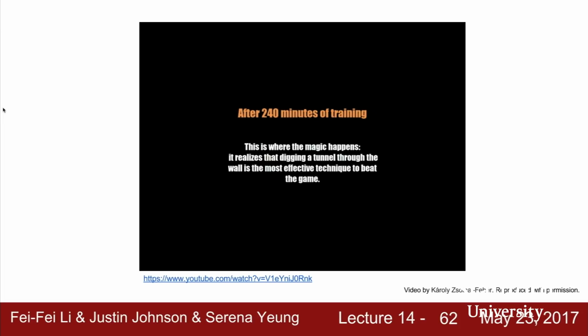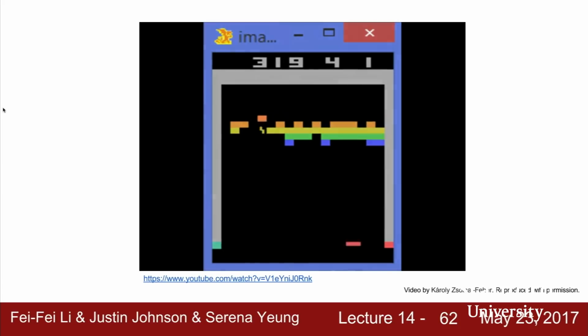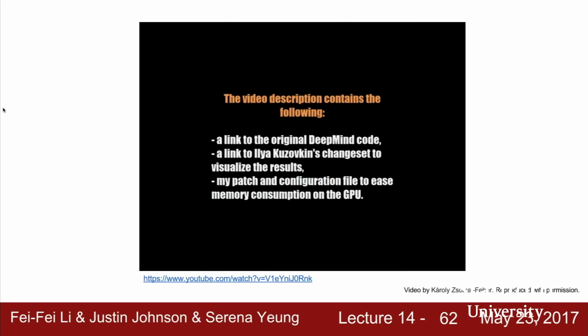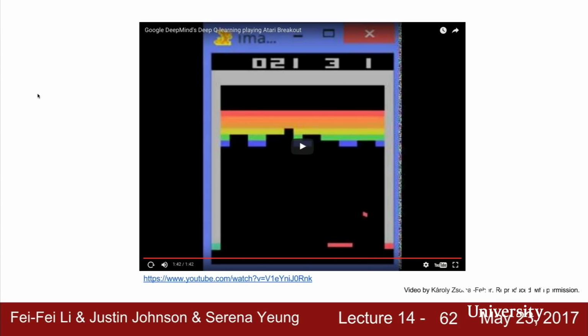Now after 240 minutes, here it's found the pro strategy: you want to get all the way to the top and then have the ball go by itself. So this is an example of using deep Q learning to train an agent to play Atari games. It's able to do this on many Atari games, and you can check out some more of this online.